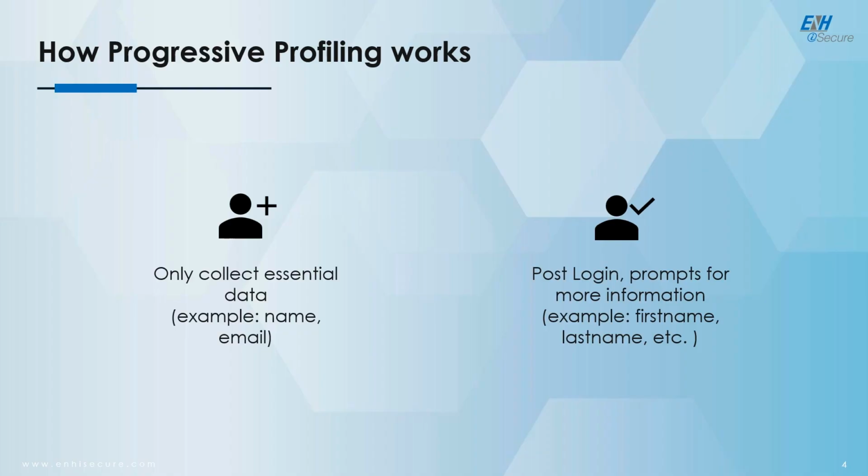Initially, you might only ask for basic information like a name and email address during sign-up. As the user interacts more with your website, app, or content, you can strategically ask for additional, more specific details through dynamic forms. The information collected is stored and used to personalize the user's experience in future.